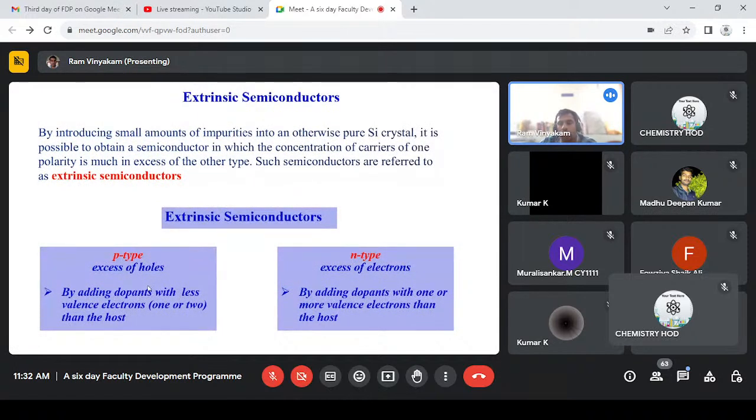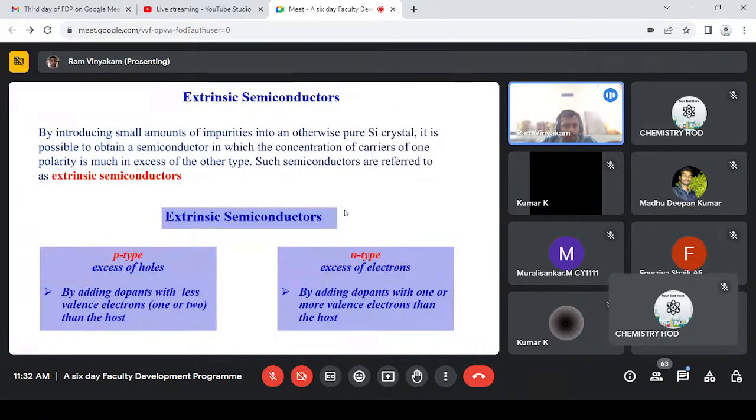That's why we say an excess of holes with reference to the native semiconductor. In the other case, if it is an n-type where there has to be an excess of electrons, we choose a substitutional dopant that has additional valence electrons, that is, a valency higher than the host.